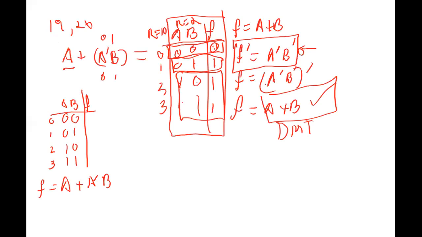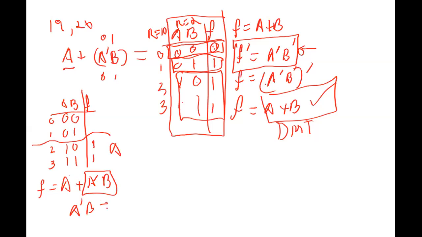That means F is going to be true if A is true. So everywhere here, A is equal to 1, and therefore F must be true. So this corresponds to A. Now the question is, what corresponds to A prime B?